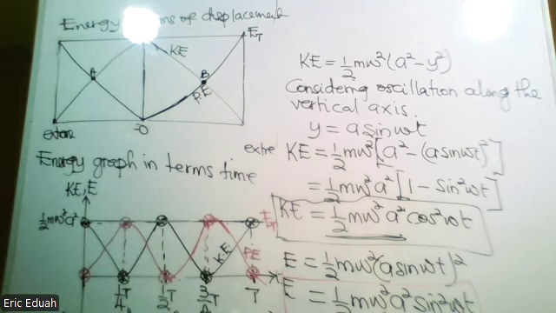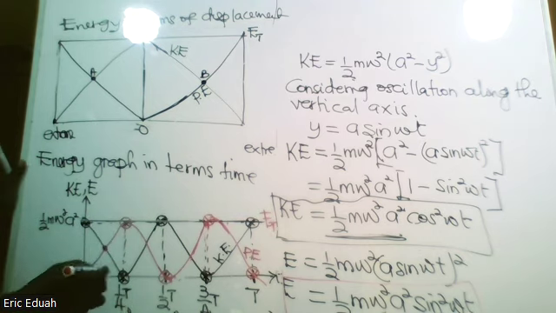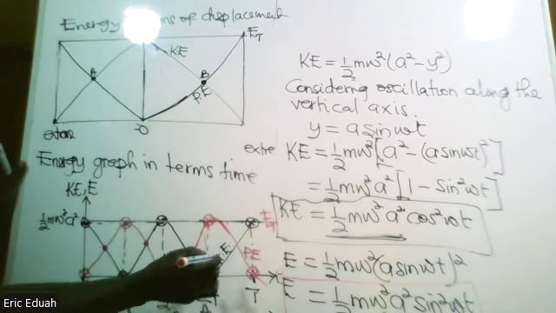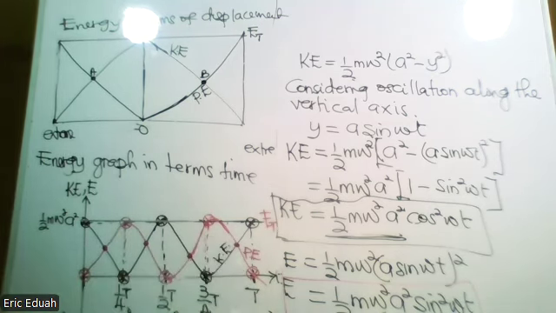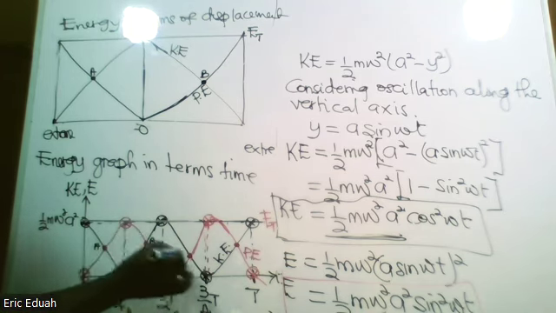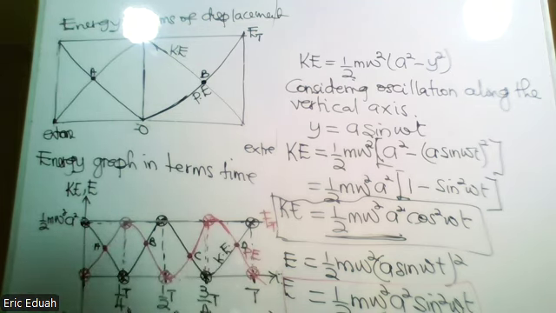And over here, in terms of time, where the two graphs intersect, it means we have both energies being the same at that point. So for one cycle, if we label it A, B, C, D, these are the points where the kinetic and potential energies are the same. Mechanical energy equals potential energy at this point.